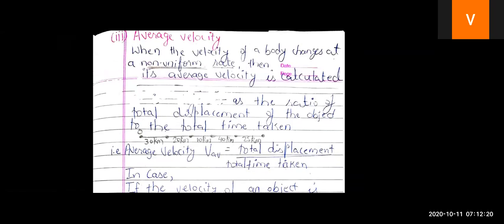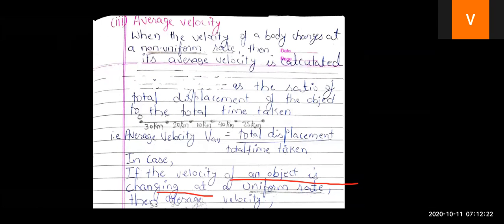Now the next topic was average velocity. Now we know the meaning of the word average. So here also, as we know, velocity is displacement upon time. So average is total displacement upon total time, right children? So average velocity is what? Total displacement upon total time, है ना बेटा?